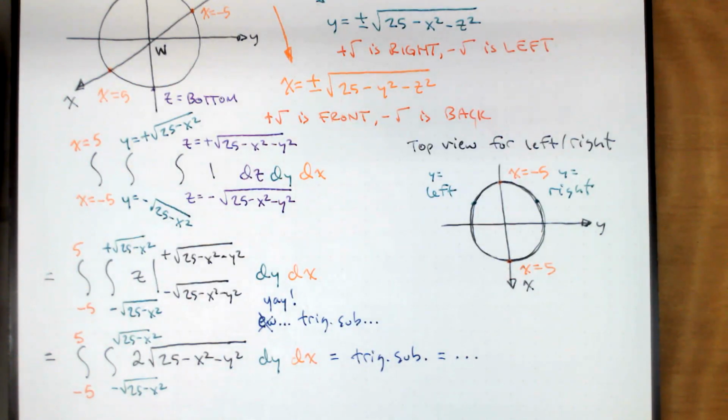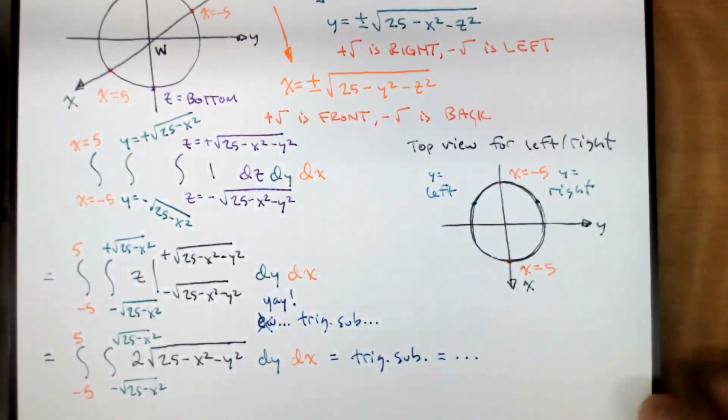So what we're doing is calculating the height above all the points x, y inside the circle. Notice that the region we're describing in this double integral is the region we have in the circle. And the height above each point in that circle is given by the sphere. And since we want the top and the bottom of the sphere, that's why we double the height.